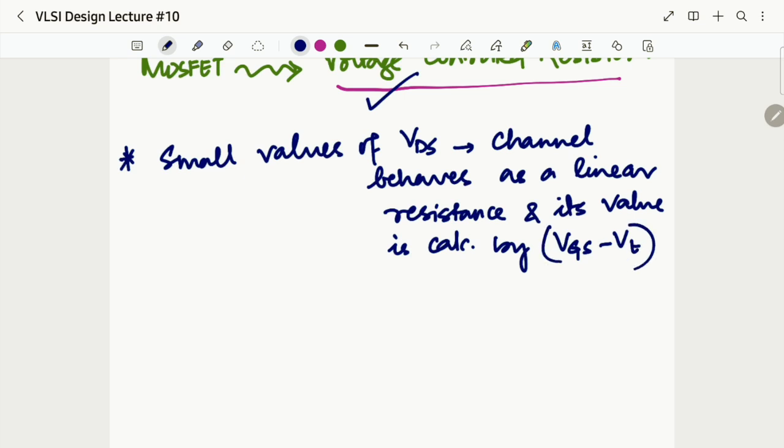So at small values of VDS, the channel behaves as a linear resistance and its value is calculated by VGS minus VT.